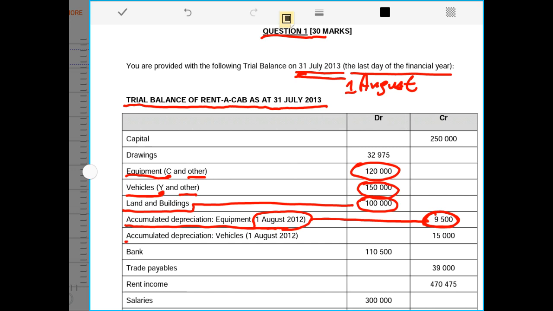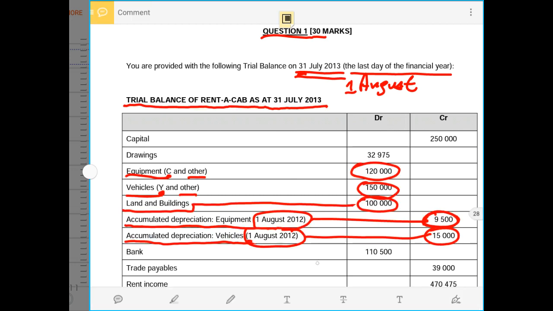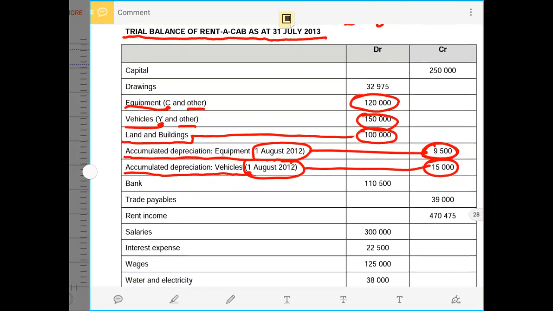Then we are given accumulated depreciation for our vehicles, also on the 1st of August in the year 2012, indicating that the accumulated depreciation opening balance for our vehicles is 15,000. That will be recorded as an opening balance when we do the ledger account.